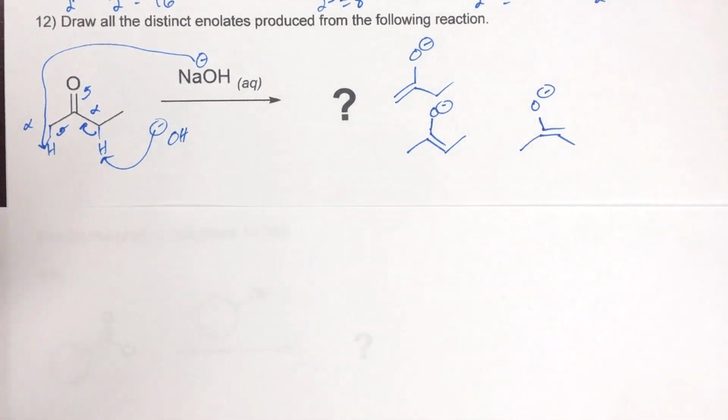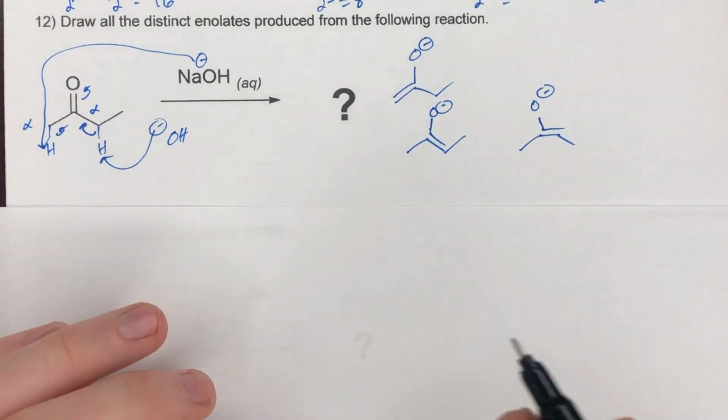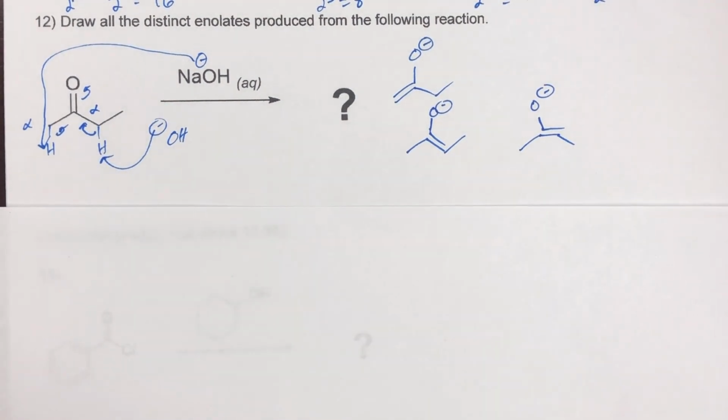There's just two hydrogens there that can either be a dash or a wedge. You can remove one or the other. So when you remove a different hydrogen, you'll get a different geometry. So these are the three different distinct enolates that you can get from this specific situation.